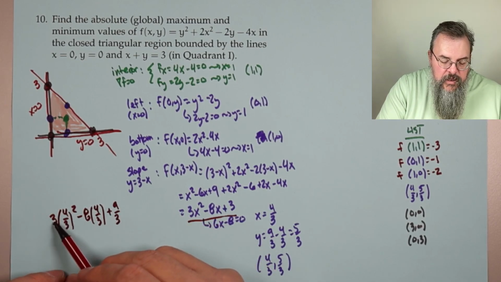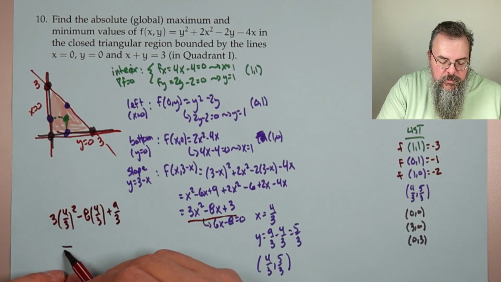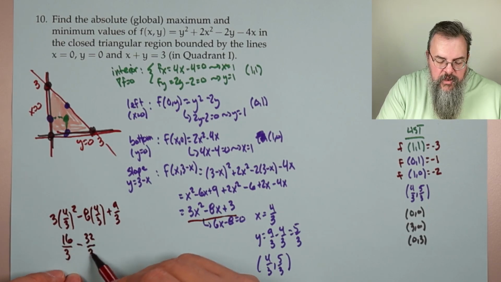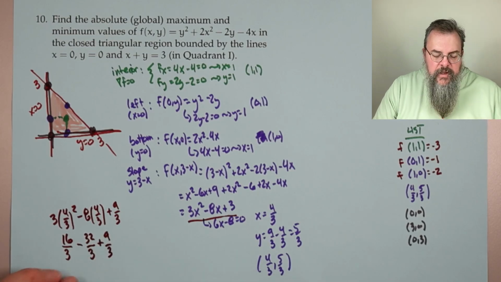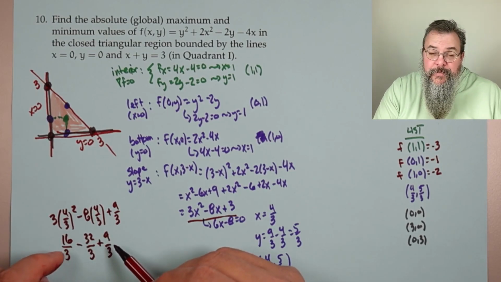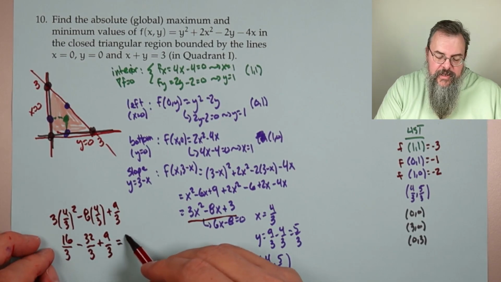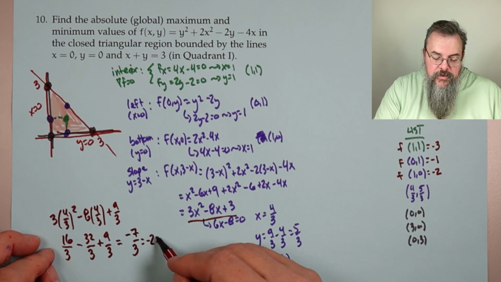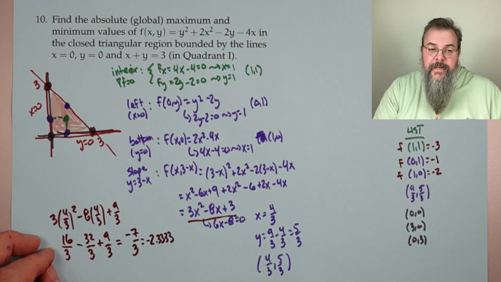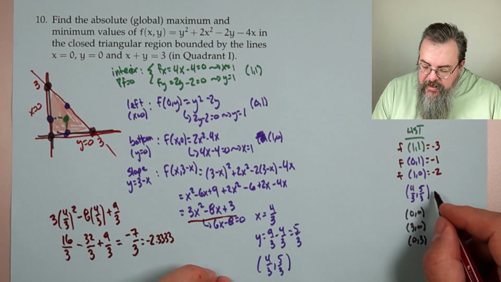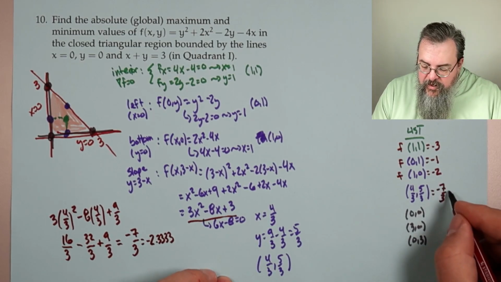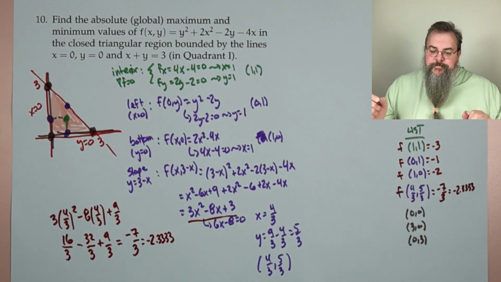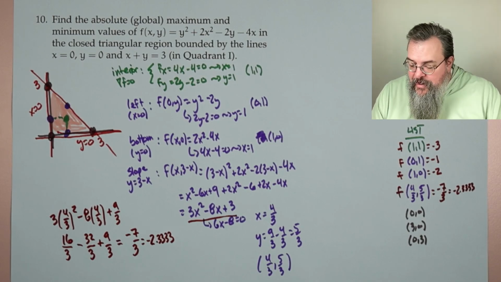So 3, and there's a 3 squared, so that will leave us with a single 3 downstairs, 16 upstairs, minus 32 over 3 plus 9 over 3. 16 plus 9 is 25. 25 subtract 32 is negative 7 over 3. For all of you engineers out there, that's negative 2.3333. Okay, so negative 7 thirds.